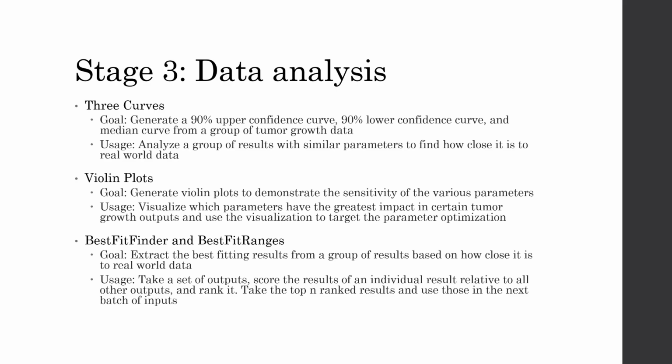And this lets us look at a very large set of data, trim out all the useless results that didn't fit well at all, then have a set of actually good data that we can then use to run the training again and get closer to fitting towards the real-world data in multiple results.